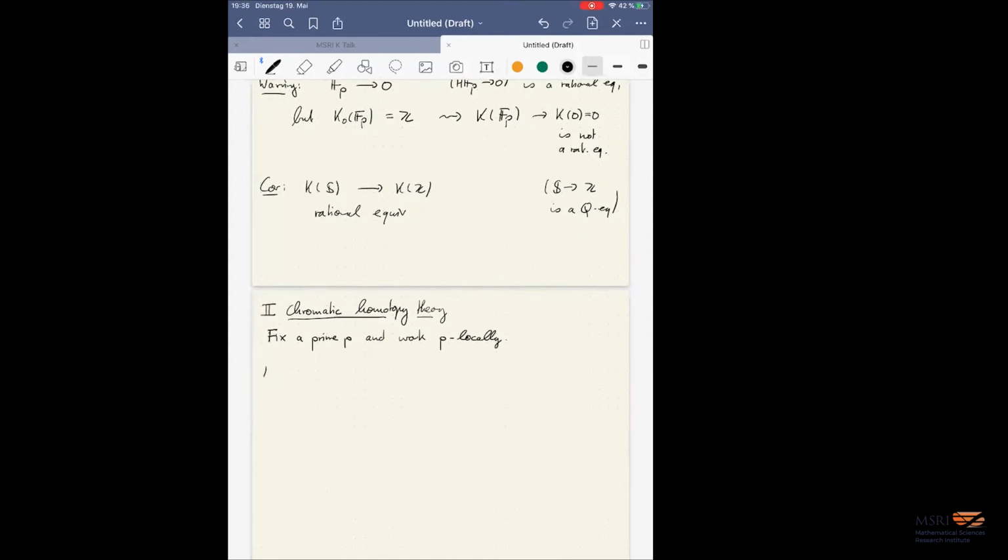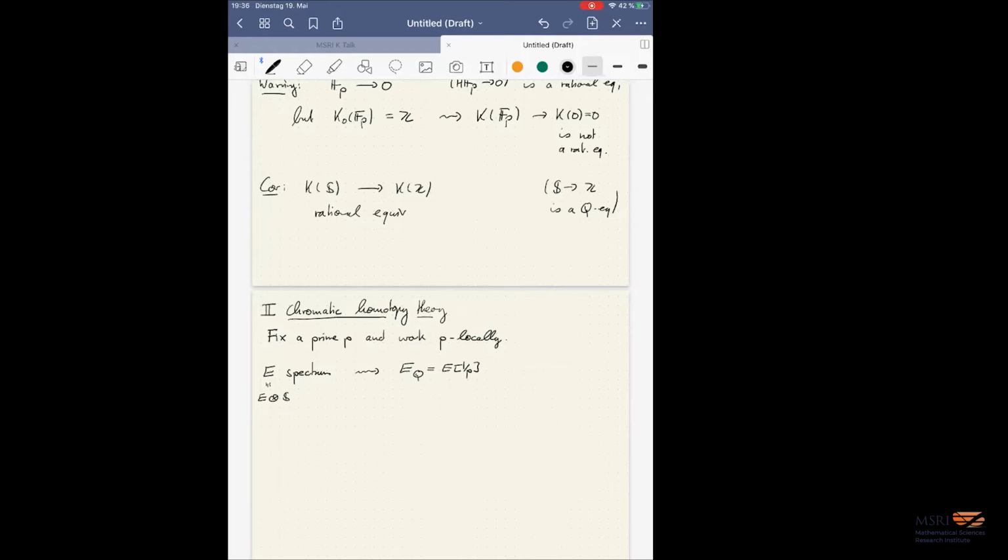So let E be a spectrum. Then rationalization is just the same as inverting P, because we P-localized everything. Now I write something which looks a little stupid, namely that E is the same thing up to equivalence as E tensored with the sphere spectrum, where what I write here as tensor, some other people might also write as a smash product.